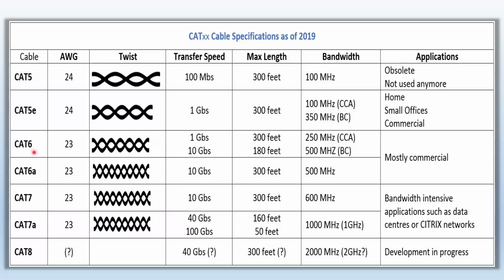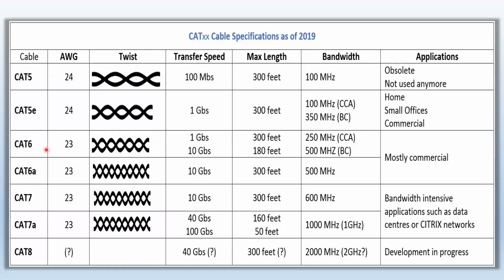That Cat6 has become not as expensive compared to Cat5e anymore. So it's kind of pushing out Cat5e. So most of the time you're going to have Cat6. In fact, in some distributors, it's hard to get Cat5e anymore. You're just getting Cat6.